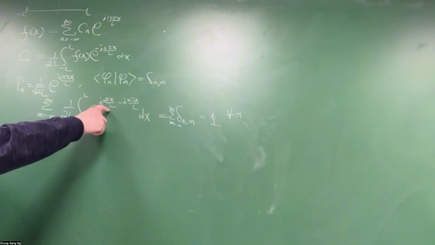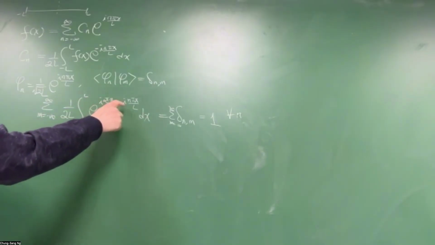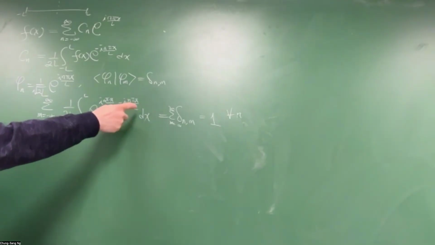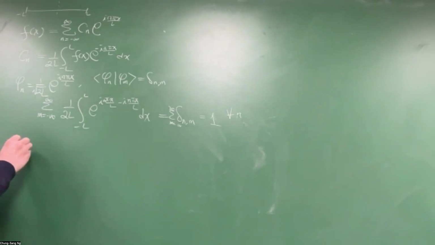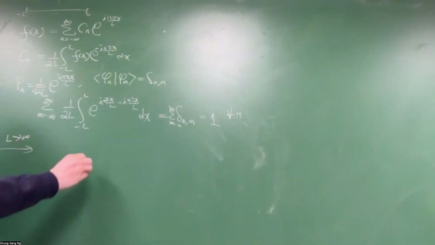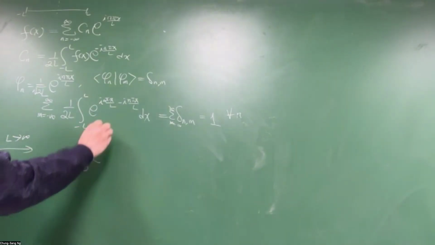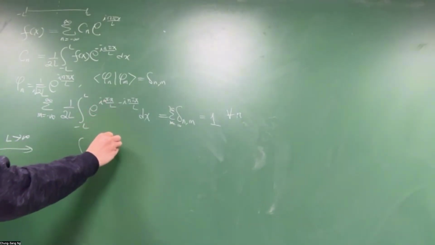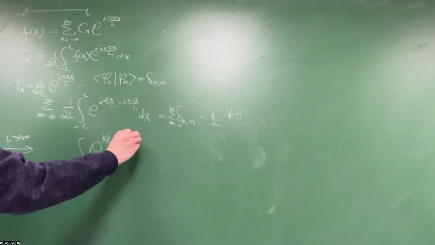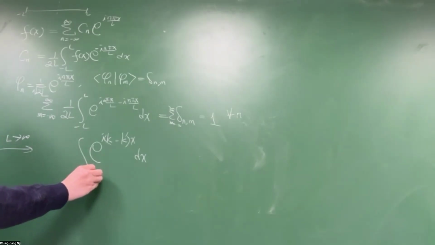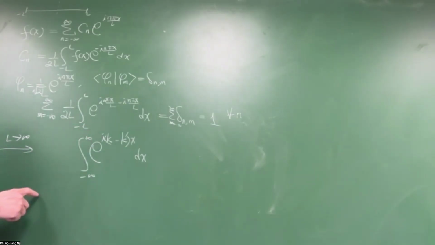Like m pi over L as k, and then now m pi over L becomes k pi. You can see that, right? So first you take the limit of L going to infinity. The first thing you do is renormalize that to become k. This becomes k pi x dx. And the x now you integrate from minus infinity to infinity, right?